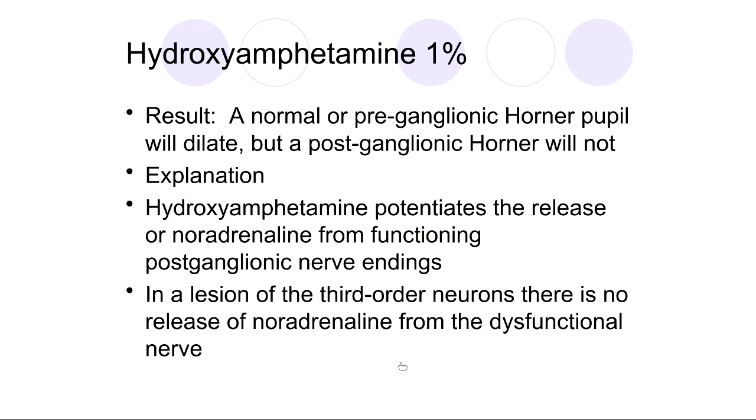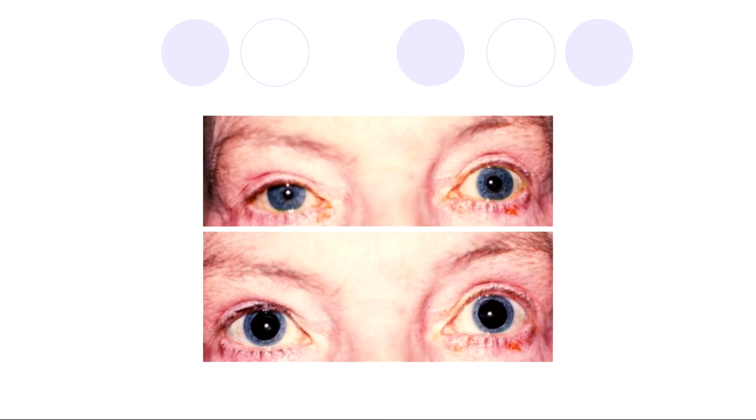Remember, your first order neurons start from your hypothalamus to your cilospinal center of Budge. Then your second order neurons start from there and end in the superior cervical ganglion. So anywhere along that track, if we ask you for differentials, you could give your differential diagnoses. All right, very good.